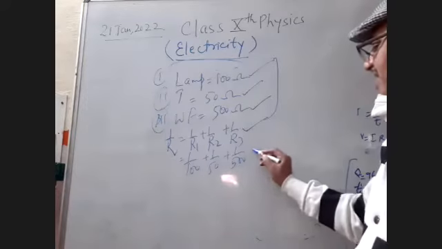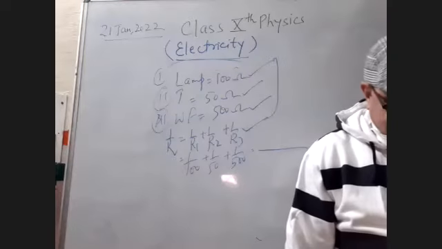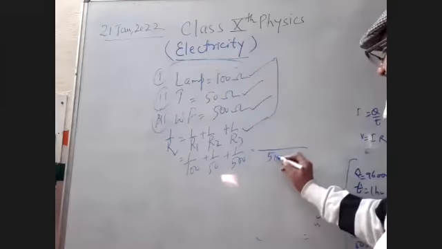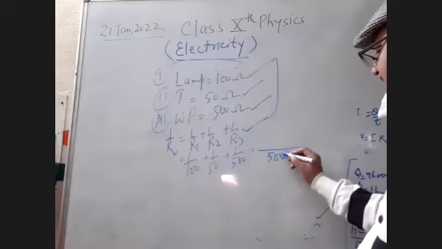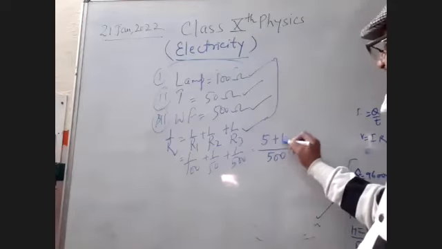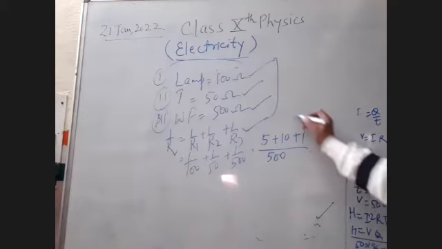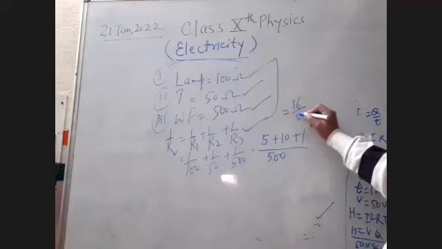Clear, students? If I take the LCM of 100, 50, and 500, my LCM will be 500. Very simple. Now 500 divided by 100 is 5, by 50 is 10, and by 500 is 1. So 5 plus 10 plus 1 is 16. It will be 16 by 500.